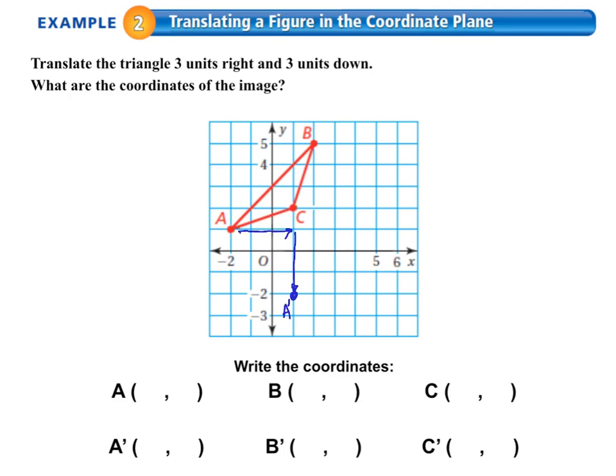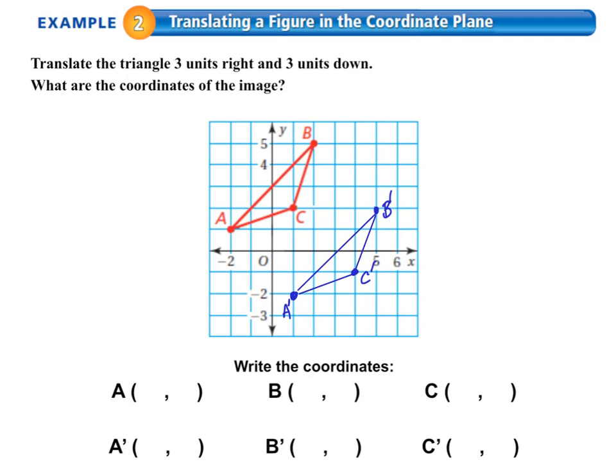That little tick mark to the right is not an exponent of 1, it's a tick mark that denotes that it is the image of A. For B, let's do it in alphabetical order, we're going to move 3 right, 3 down, and now we have B prime. C moves 3 to the right and 3 down, and then we have C prime. I'm going to delete my arrows so that we have a little space to draw our new image of triangle ABC.